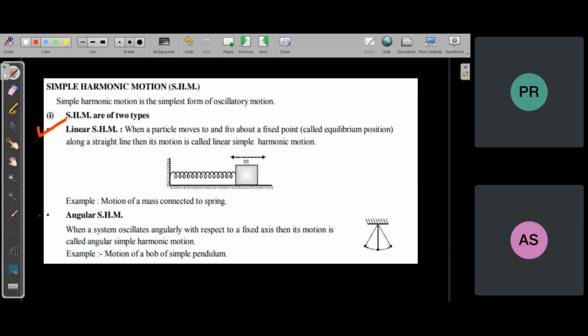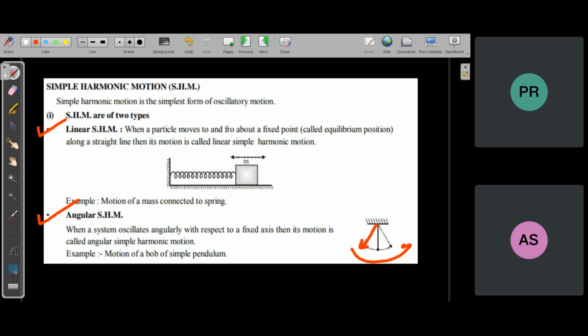Now the second type is angular SHM. In angular SHM, a system oscillates angularly with respect to a fixed axis. So here you can see that if you take a pendulum and displace it by some angle from the vertical and release it, it will start oscillating about its mean position.